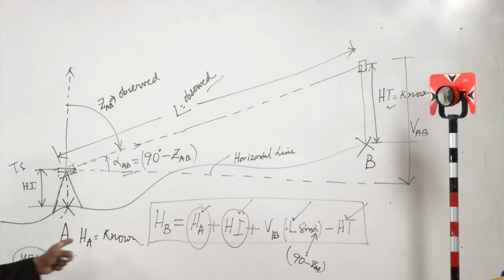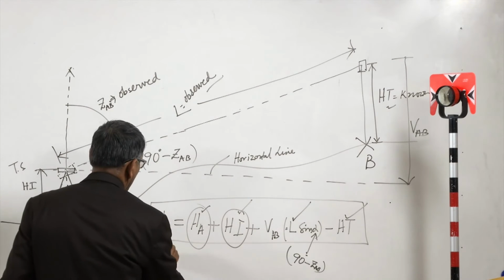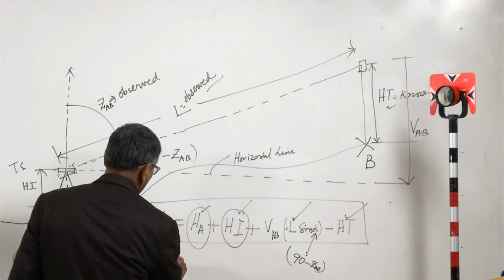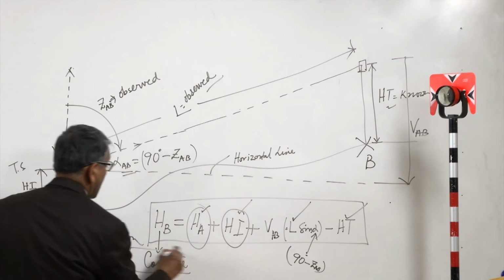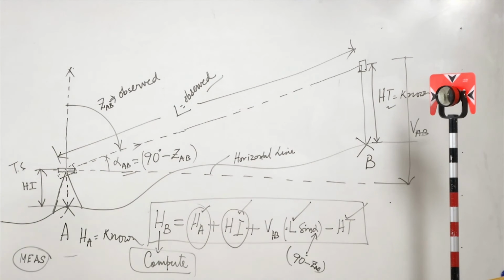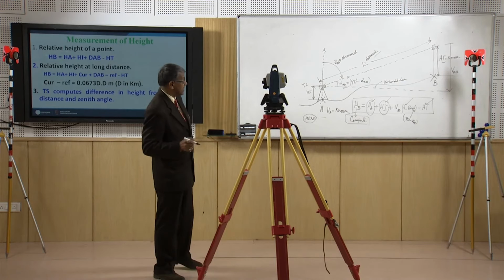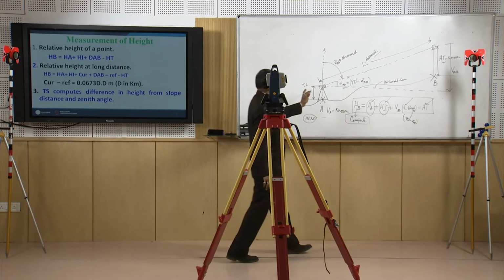In that way we can compute the whole thing. This is the basis behind how we find the height of a point using the total station.